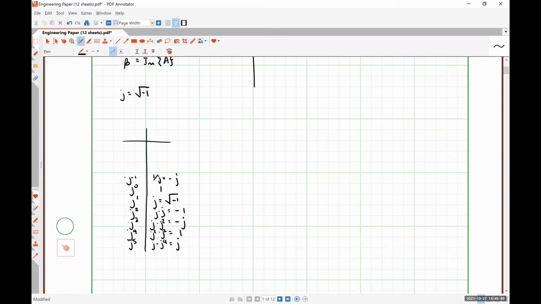Because if we said j to the 3, and then we subtracted 4 from that exponent, we'd have j to the minus 1, and they have to be identical. So I'm just trying to illustrate that it cycles back the other way too. So j to the minus 2 is negative j times negative j, which is positive j squared, which is negative 1. And j to the minus 3 is just j, and so forth.